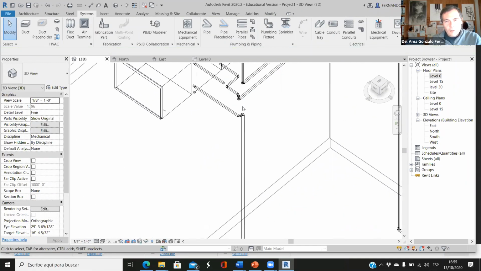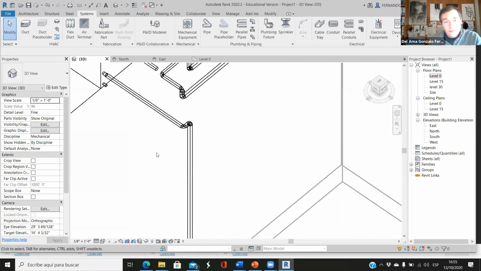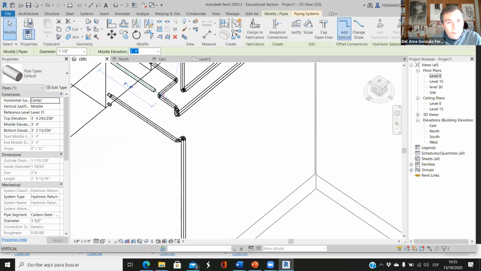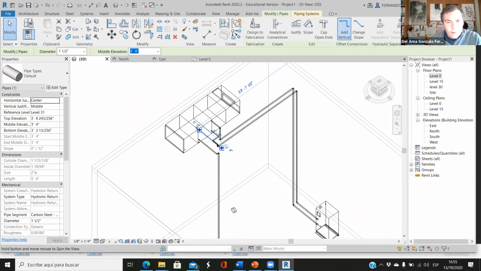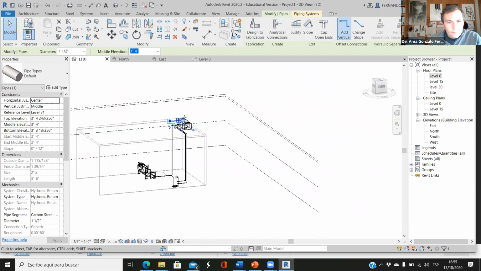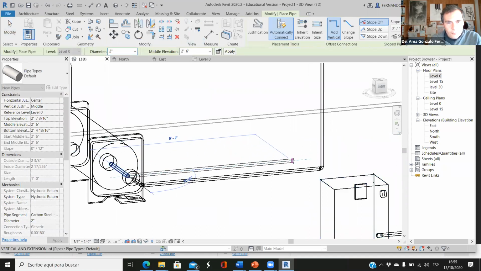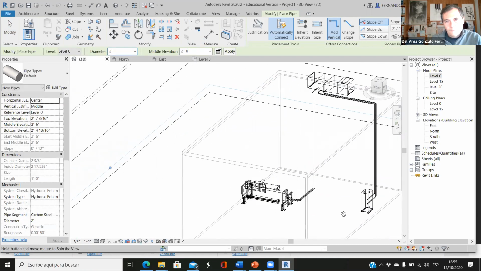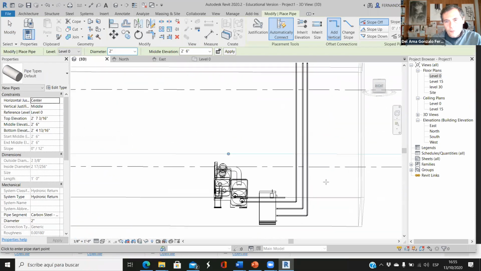Again, am I proud of this? Not really. But, well, it works. And now I have to drag this here, and I have to connect, this is the return. So I have to connect the return to the return. So this is the return. I go in this direction. And then I have to go up.